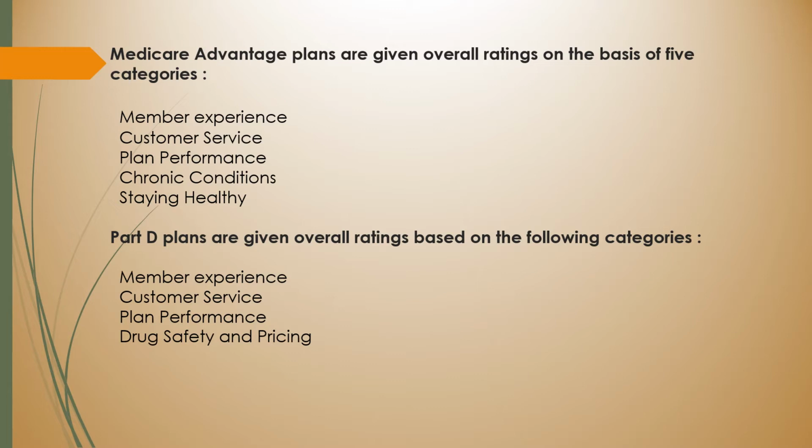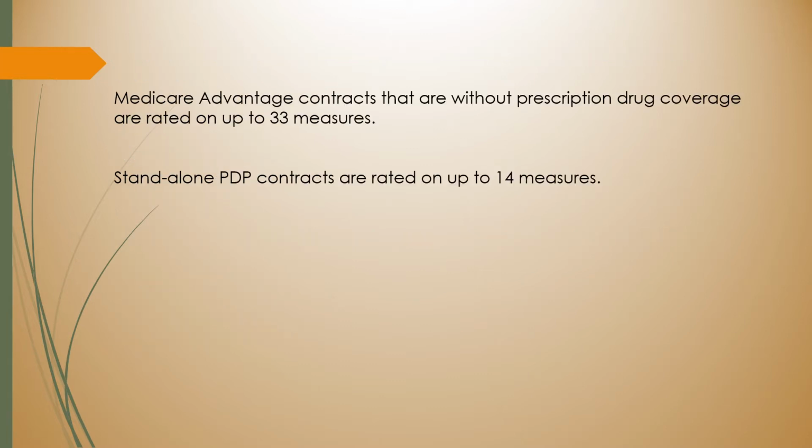As far as Part D plans are concerned, they are given overall ratings based on member experience, customer service, plan performance, drug safety, and pricing. Medicare Advantage contracts that are without prescription drug coverage are rated on up to 33 measures, whereas stand-alone prescription drug plan contracts are rated on up to 14 measures.